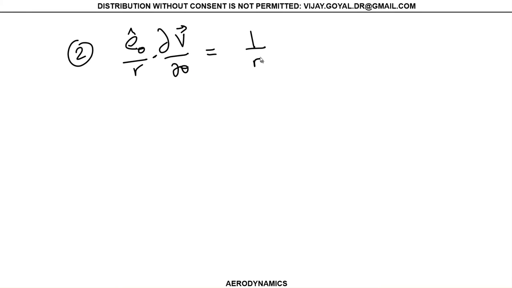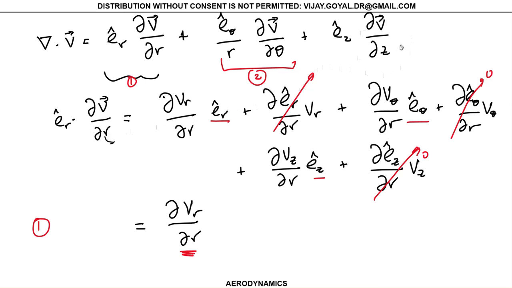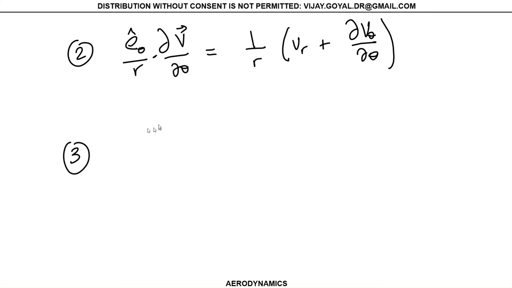So basically term number 2 is going to equal 1 over r times v_r plus partial of v_theta with respect to theta. Okay? Now the only term that remains is the last term, and this last term remains the same. Term number 3 is nothing else than e_z dot product of this with respect to z.